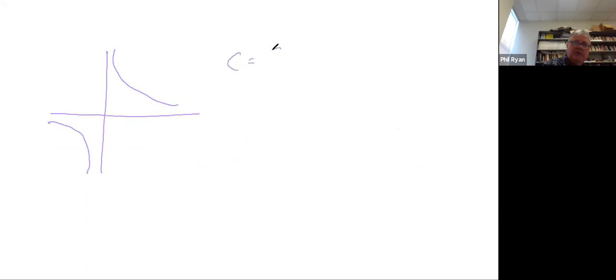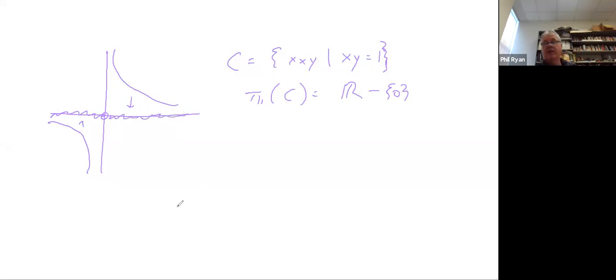C equals the set of (x, y) such that xy equals 1. That's a closed set, but its image is going to be R minus 0. So we're going to project, but we're going to miss the point 0, and that's not a closed set.